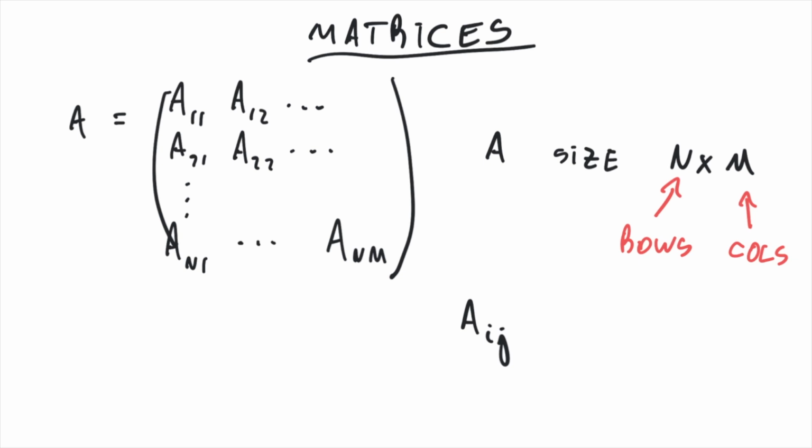And summation and subtraction of matrices works trivially. So Aij plus Bij is equal to some other matrix Cij, which has the same dimensions as A and B, and its components are just the summation of the components of A and B. The most interesting operation in matrices is the product. So let's say we have a matrix A and we want to take a product with a matrix B. First, we should check that the dimensions are compatible.